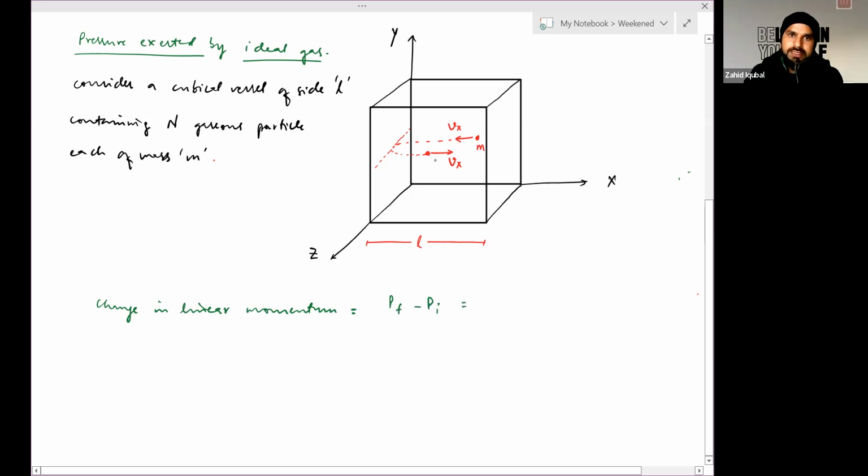Final momentum is going along the positive x-axis, so it will be mVx. Initial momentum is going along the negative x-axis, so it will be minus mVx. Minus minus cancels out, so it will be 2mVx. Is it clear? Yes.